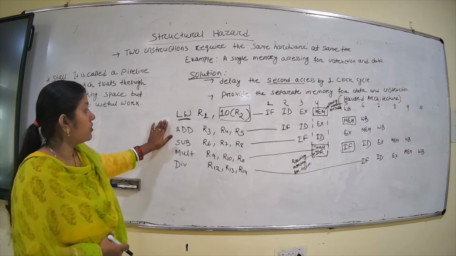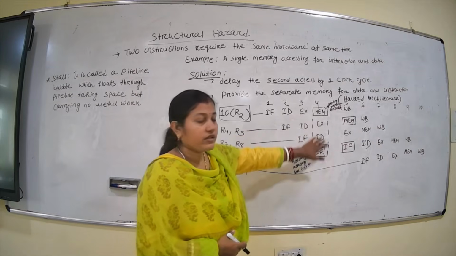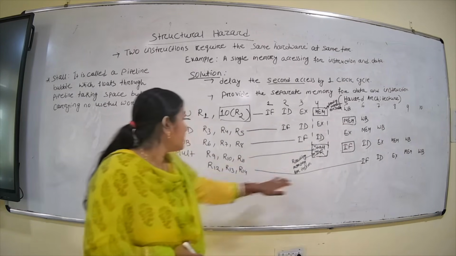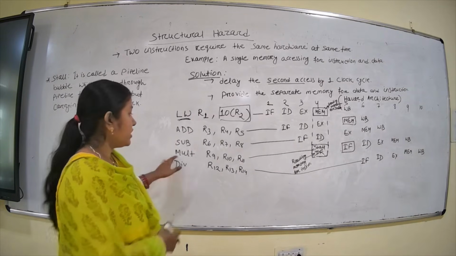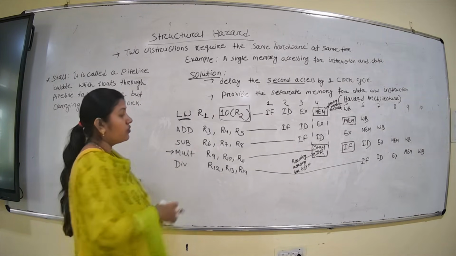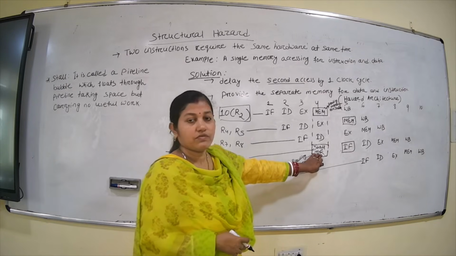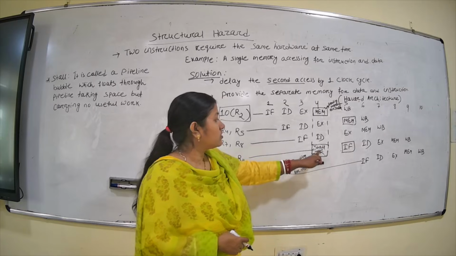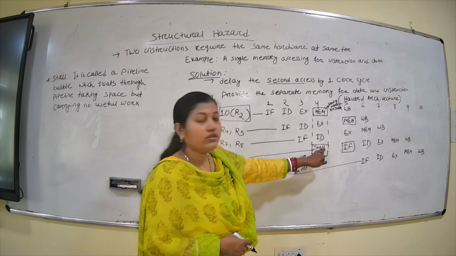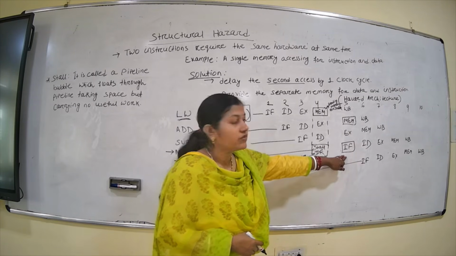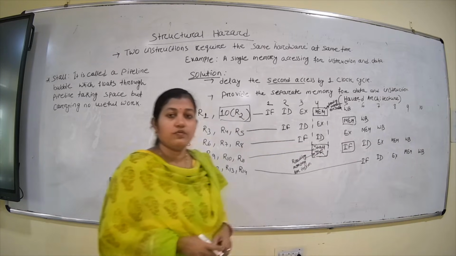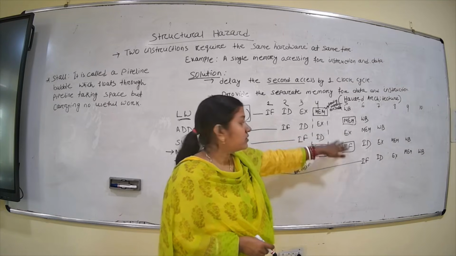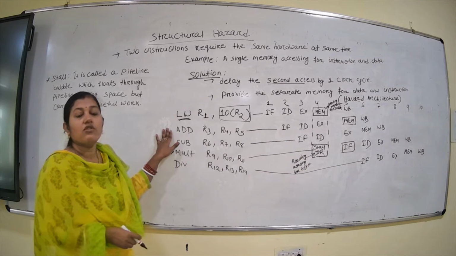If you see at the fourth clock cycle, the first instruction goes to the memory. At the same time, the fourth instruction, that is multiply, goes to instruction fetch. So at the same time we are accessing the memory, so we cannot do it. Just make a stall here, and in the next cycle we can do the instruction fetch. Now the question is, here memory is also overlapping, but the second instruction is not a load or store.